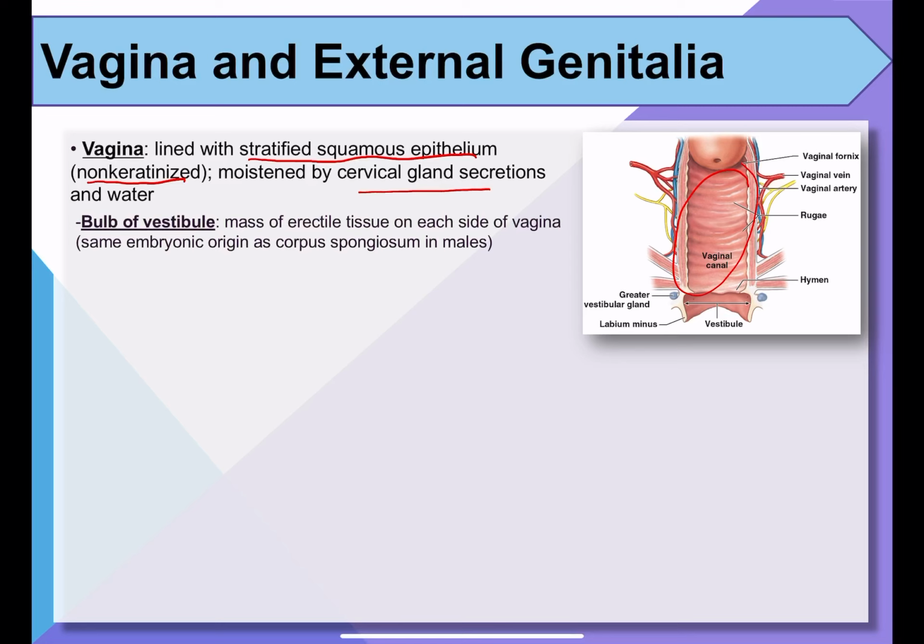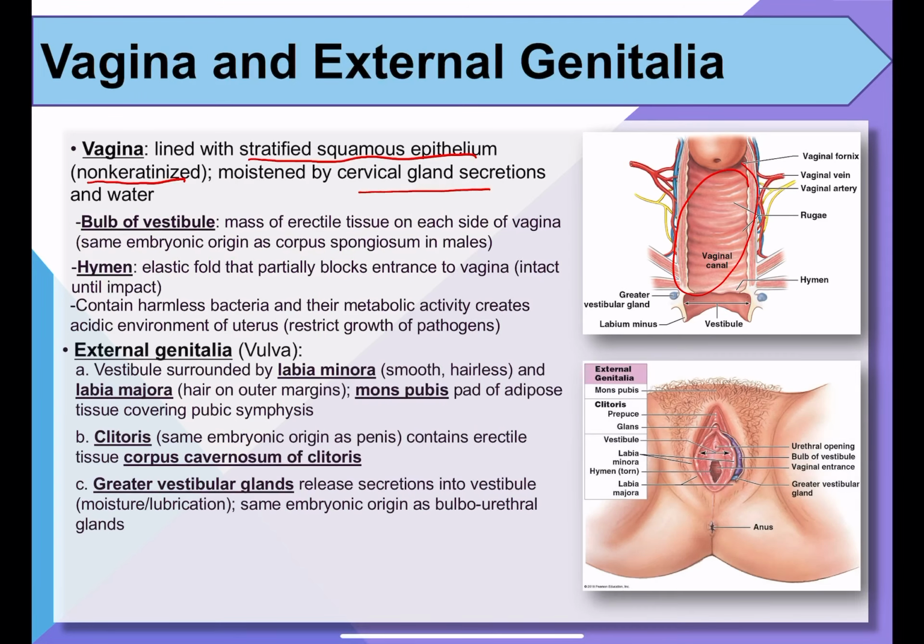Now, around the opening of the vagina are masses of erectile tissue called the bulb of vestibuli. Okay. So you have the vagina right here in the picture, and in this area is a mass of erectile tissue called the bulb of vestibuli on both sides of the opening of the vagina.